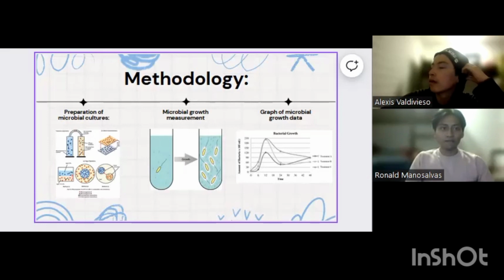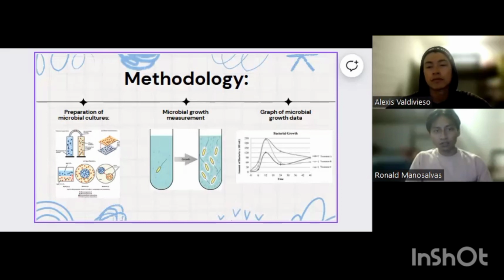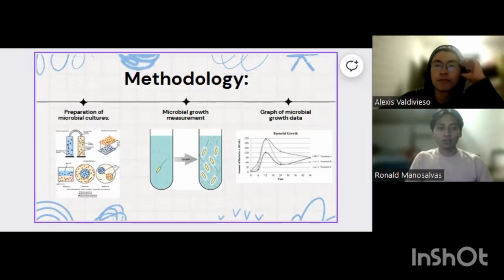The calibration curve construction: plot absorbance value on the y-axis against cellular concentration on the x-axis. Fit a best-fit line to the experimental points to obtain a calibration curve.